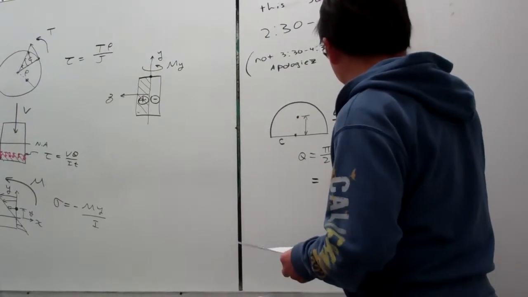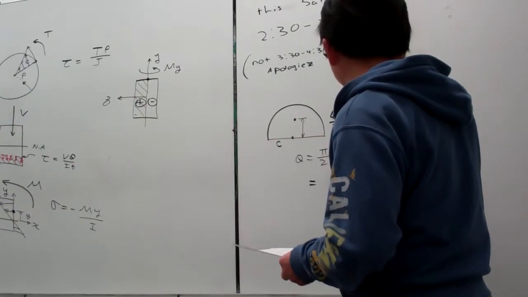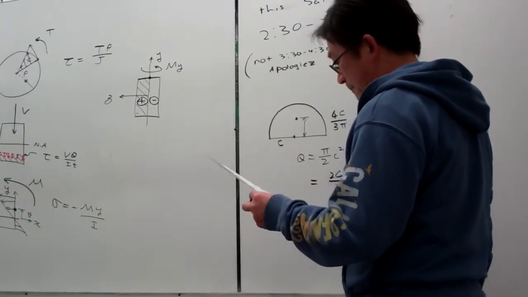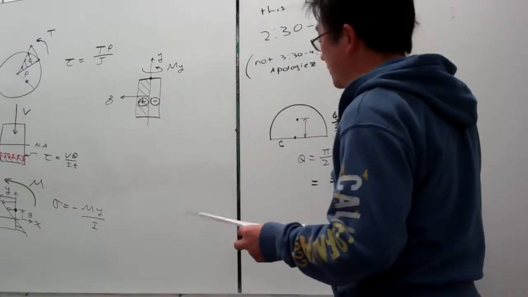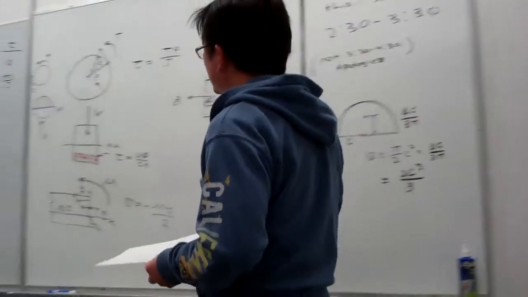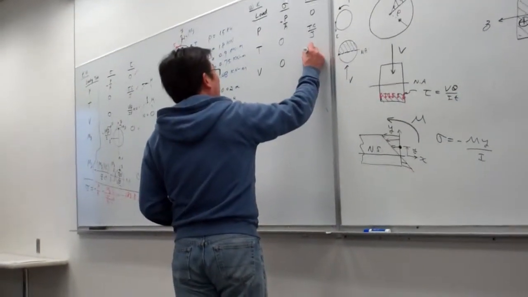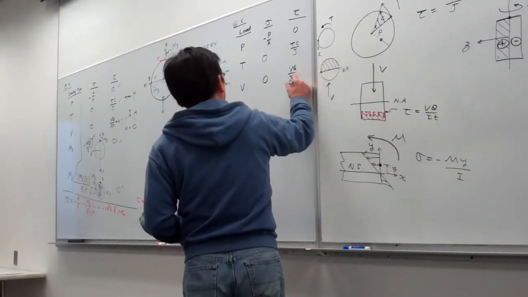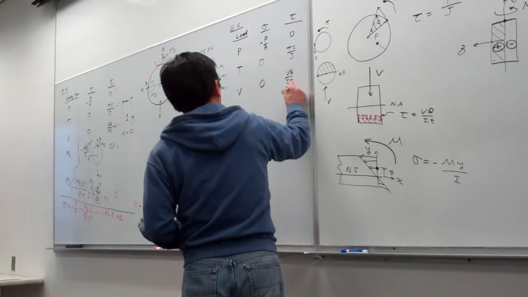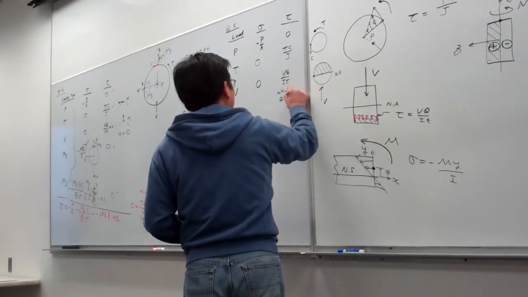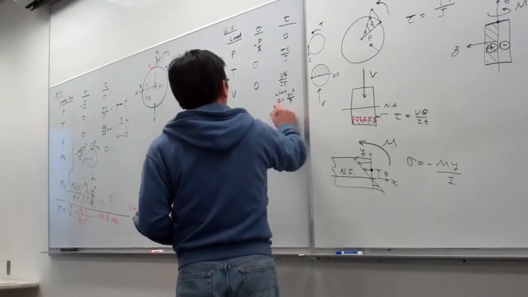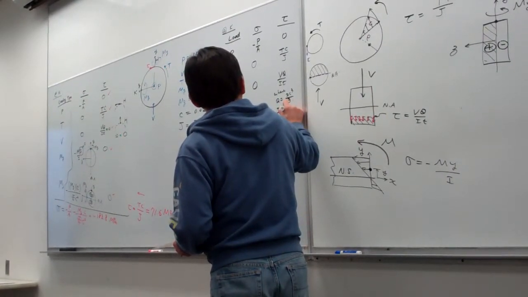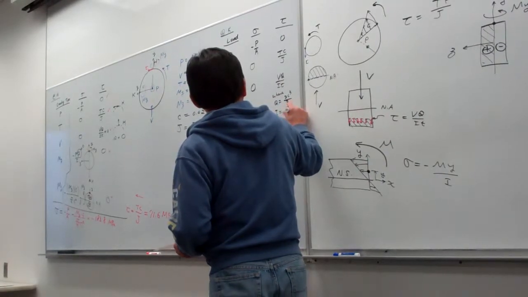So that will be equal to 2c cubed over 3. So this will be VQ over IT, where Q we calculated as 2c cubed over 3, and V is given here, and I is pi over 4 c to the 4th power.